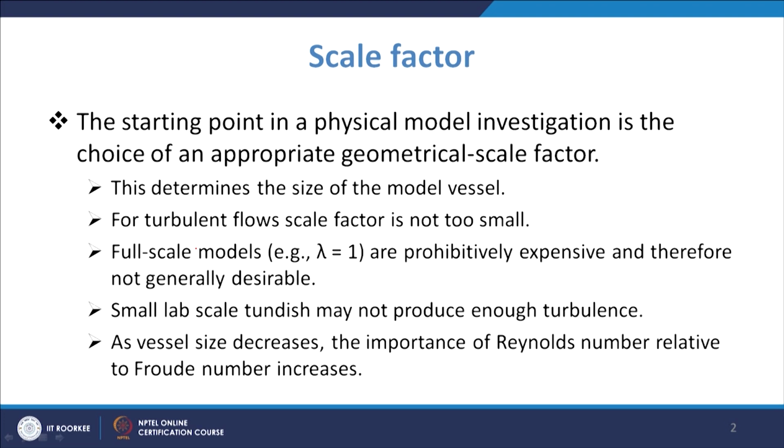Then, when you are talking about the turbulent flow, if you take a very small scale factor, it may not represent actually the flow which is taking place. That is because it is not going to create enough turbulence inside the tundish.